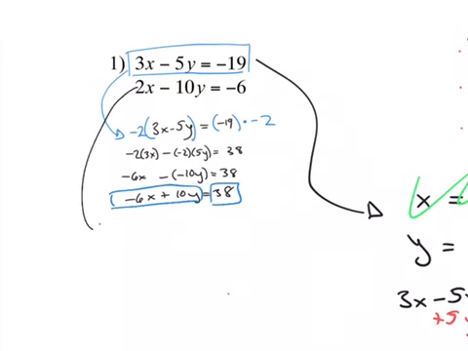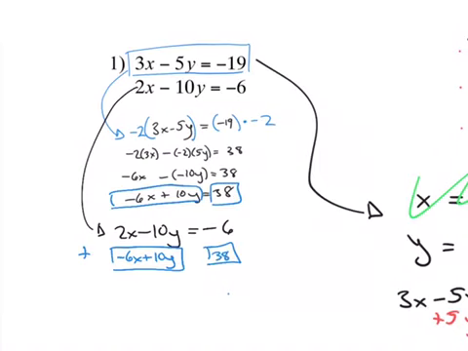So if I take this equation, 2x minus 10y is equal to negative 6, and I add on the left side, I add negative 6x plus 10y, and the right side, I add 38, okay? Then really, even though they look different, I'm adding the same thing to the left side, or an equivalent thing to the left side as I'm adding to the right side, so I'm not messing with my solution, and when I do that, I'm going to get positive 2x plus negative 6x, and that's going to give me negative 4x.